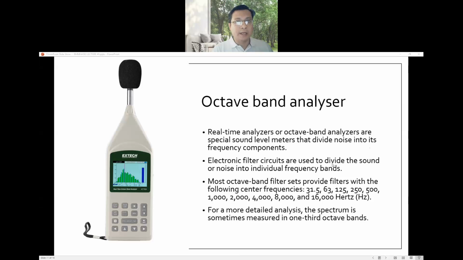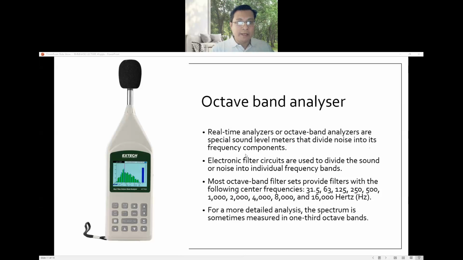If it is higher than this range, we call it another octave. So the measurement will tell us about the octave, and octave means the frequency range.